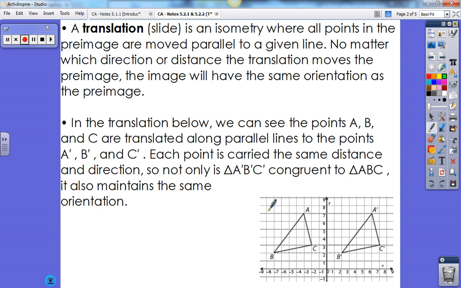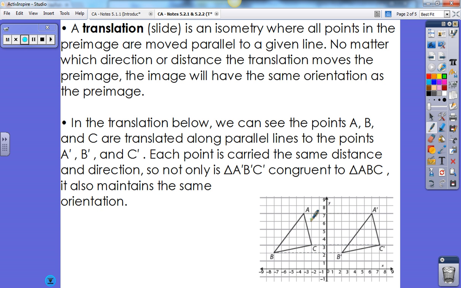In this translation, you can see the parallel lines that are drawn in that we are moving along. Notice that these two are congruent, and again it maintains that orientation.